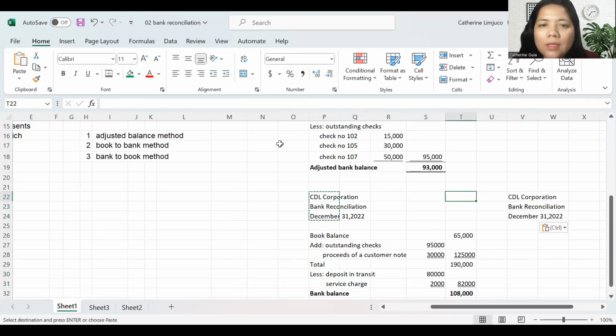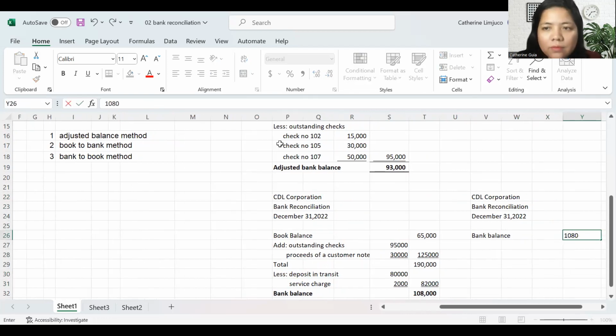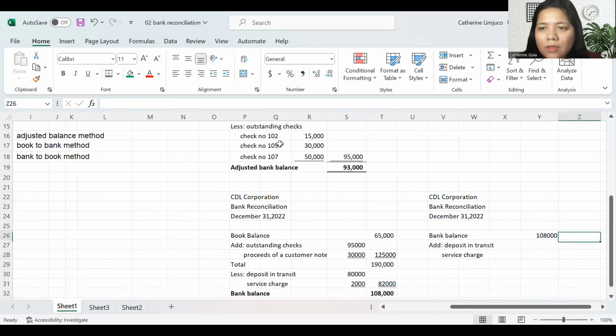Let's do this. So bank balance is 108,000. And then we will start with the additional items. So we will add deposit in transit and our service charge. Let me adjust the amount.